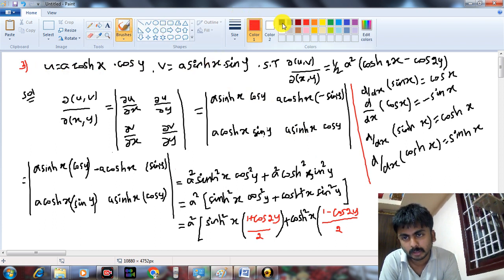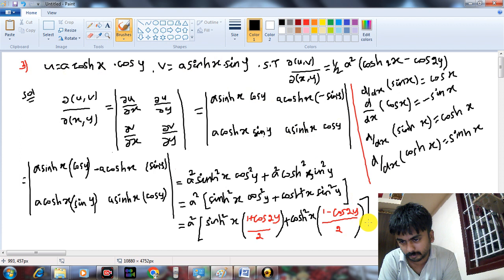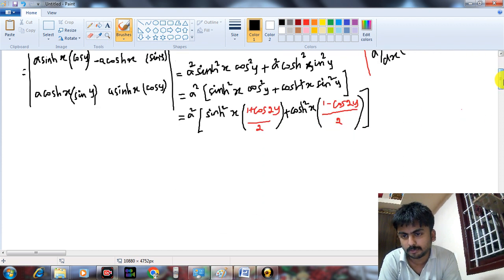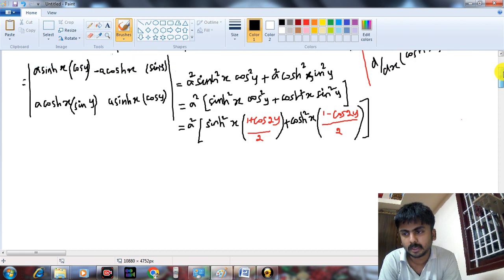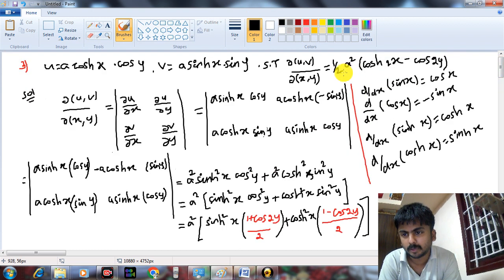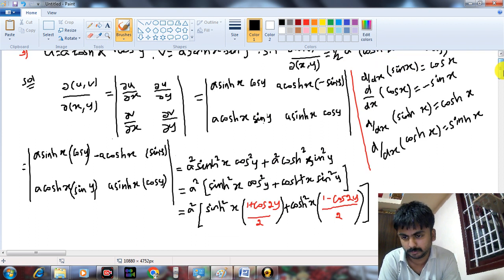Okay, so now we are going to multiply this and simplify this. Our ultimate aim is to get 1 by 2 a square outside, and finally we have to get cos h 2x minus cos 2y.